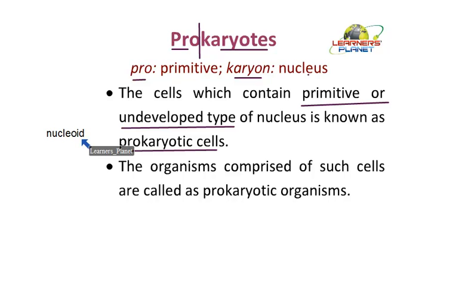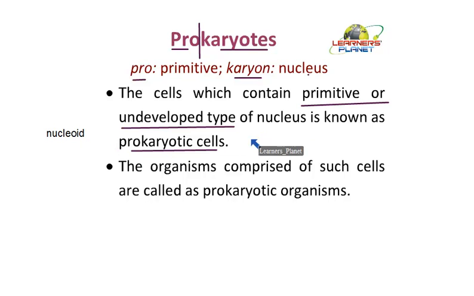So the same storage as it is seen in the case of eukaryotic cells is present here in the nucleoid itself. Further, the transmittance or inheritance. So another function of the nucleus is inheritance of these units from one generation to another. Even that is performed by the nucleoid region or the chromosomes in the prokaryotic cells.